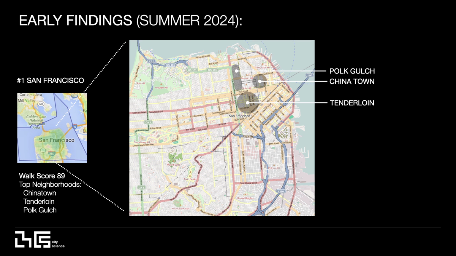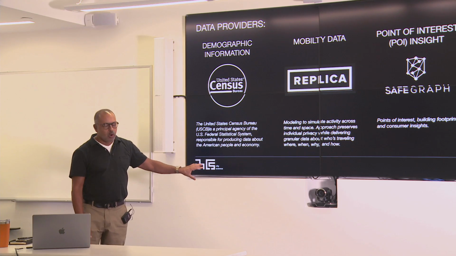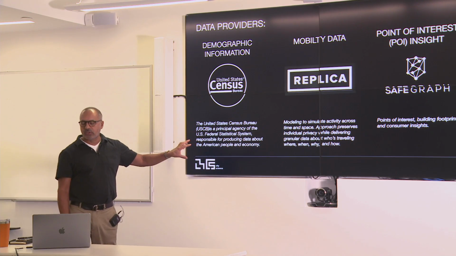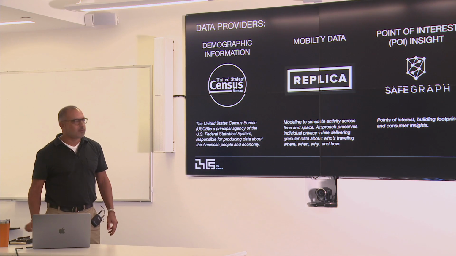And we're using 3 data sources to do this research. We're using traditional census data to understand the demographic profiles of residents of different census blocks. We're using Replica data, which is mobility data, extracted mostly from telecom data, from people's phones.